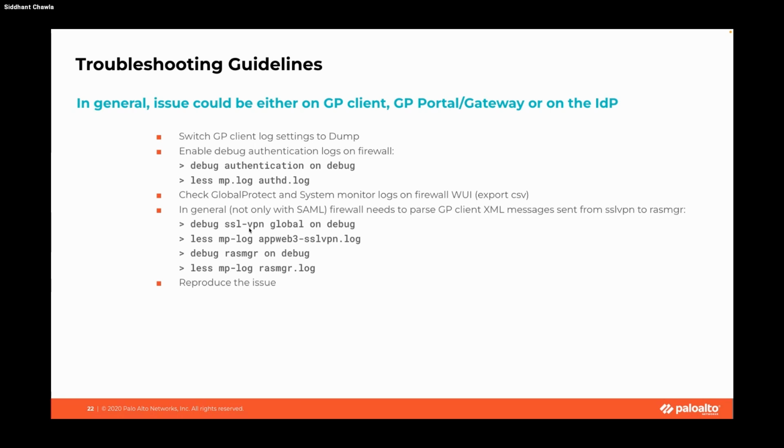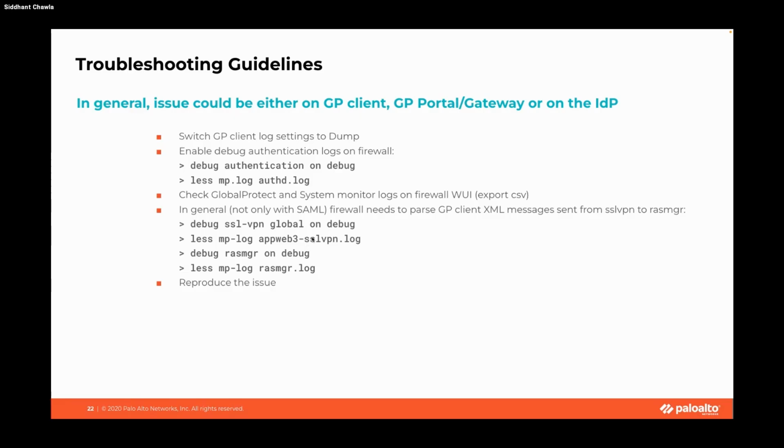The same thing: debug SSL VPN global on debug. These are the commands for SSL VPN. And then how to view: less mp-log appweb3-sslvpn.log. RAS manager: debug rasmgr on debug, and then to view, less mp-log rasmgr.log.